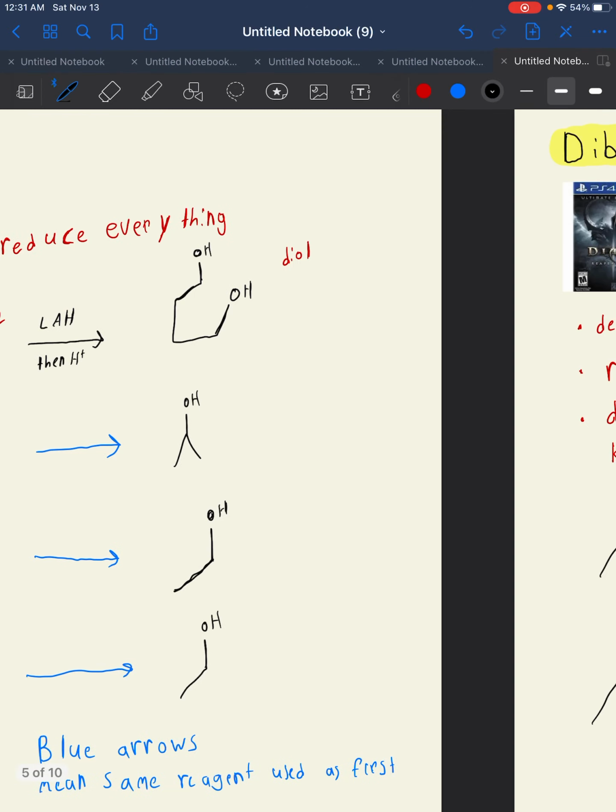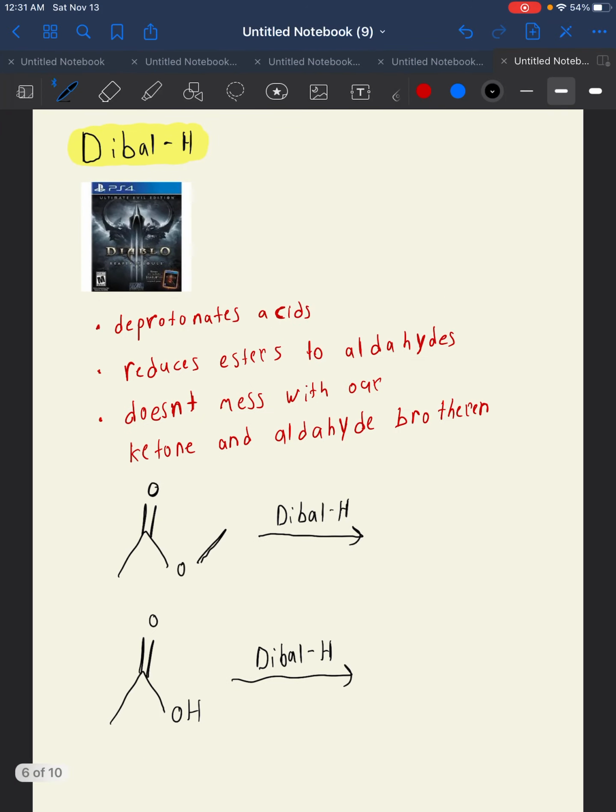So, moving on. DIBAL-H, much like Diablo. It deprotonates acids, reduces esters to aldehydes, and doesn't mess with our ketone and aldehyde brethren though. So, what do I mean by that? When we have DIBAL-H, it will reduce our ester into an aldehyde.